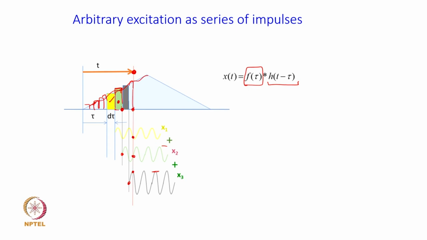I can keep on adding the responses due to all the impulses that happened before this. In the figure I have not shown the responses because of the impulses in this period, just for the sake of clarity. But just like x1, x2, x3 are added up at a particular time, you can add the impulses which happened just before them.